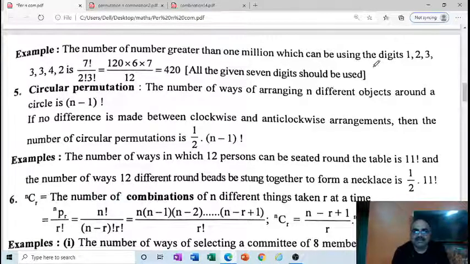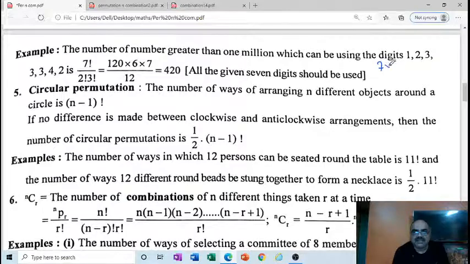Let's take it up. There is some mistake in this. I will just show you. 7 factorial is 7 into 6 into 5 into 4 into 3 factorial divided by 2 factorial into 3 factorial. See, 3 factorial goes off. 2 factorial is actually 2 into 1.